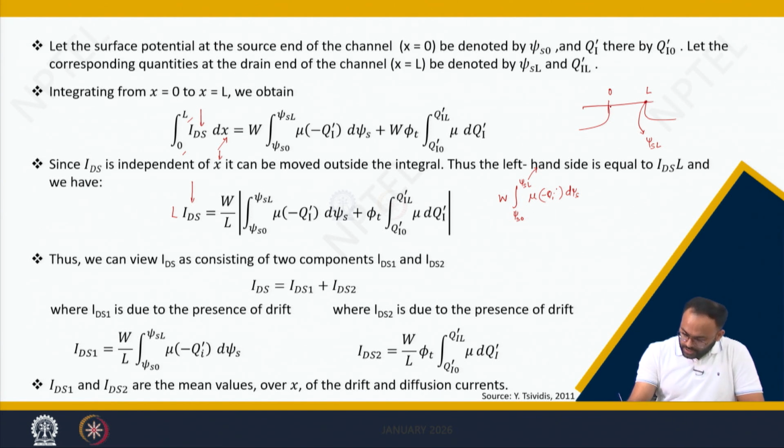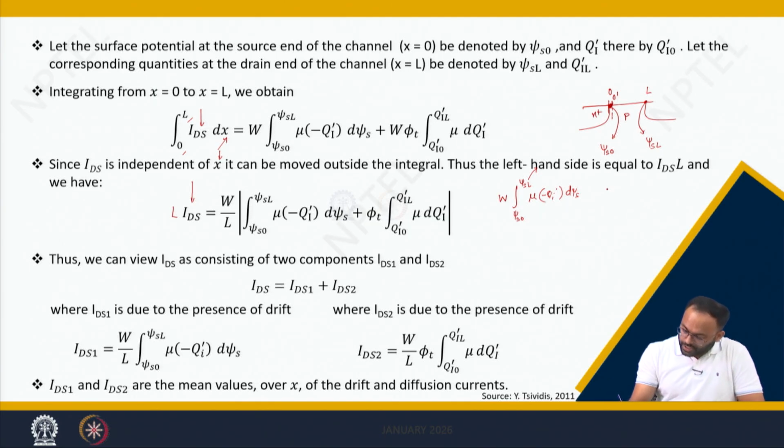Similarly, psi s0 is the surface potential at source side. Keep in mind that we are ignoring the edge effects, and hence 0 dash coincides with 0, such that this point is nothing but exactly at the n plus p junction.